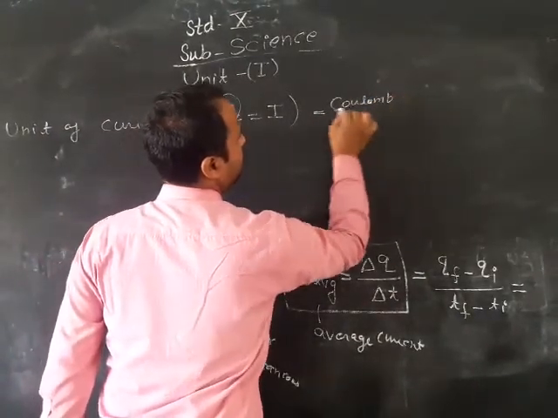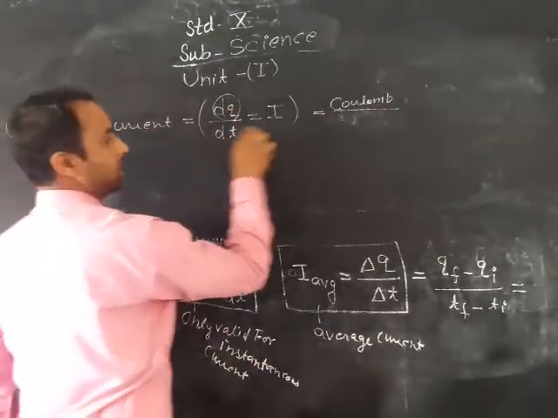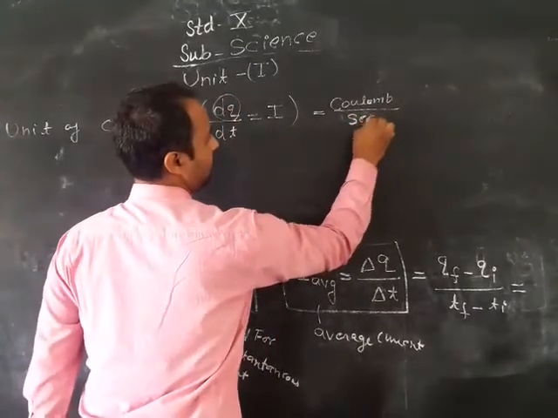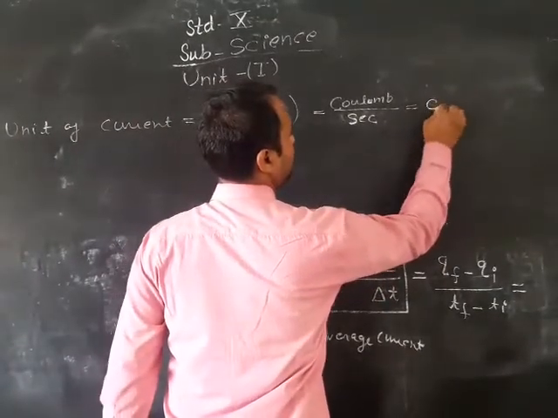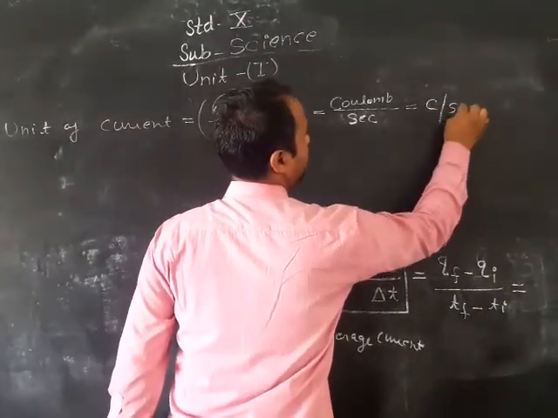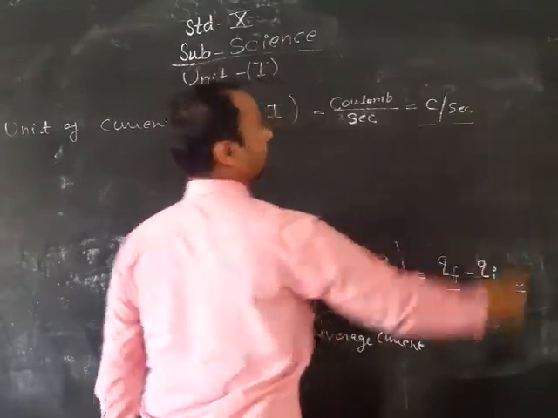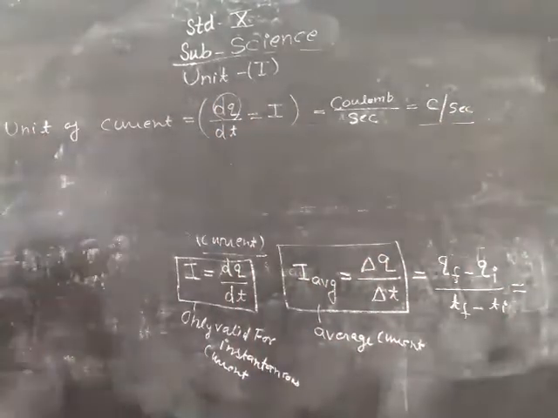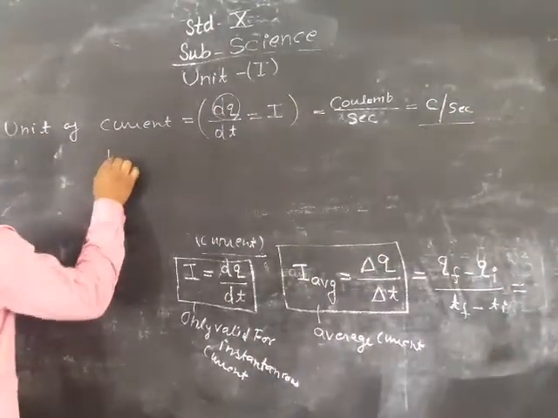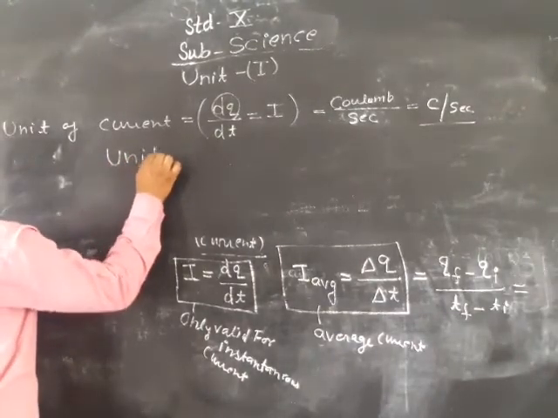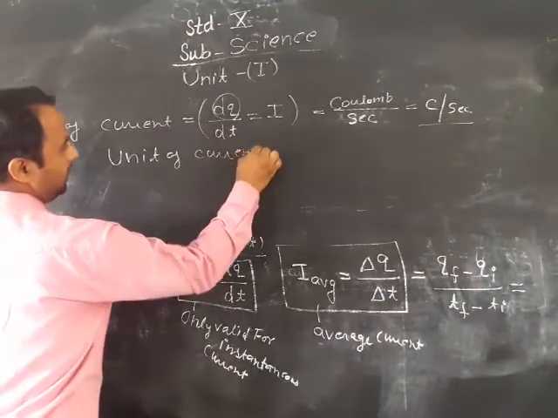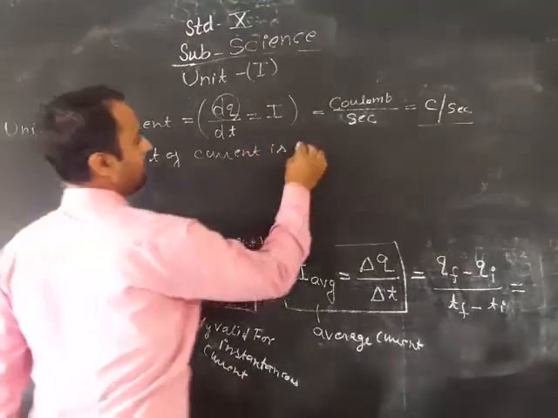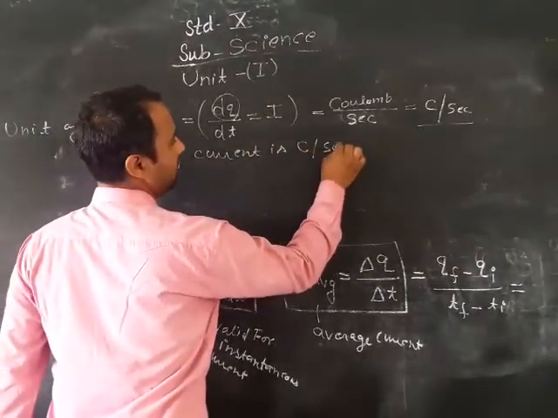Charge is measured in coulomb and time is measured in seconds. It means the unit is coulomb per second. The unit of current is coulomb per second.